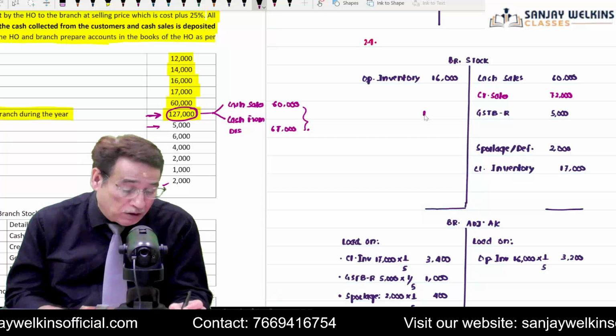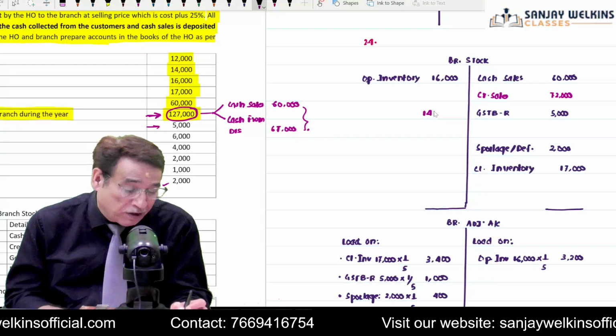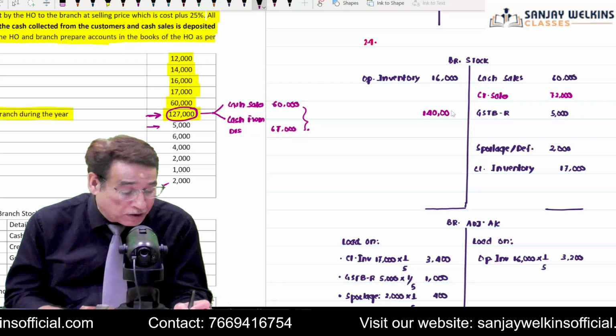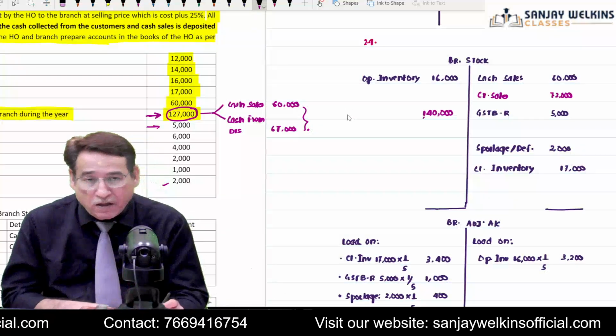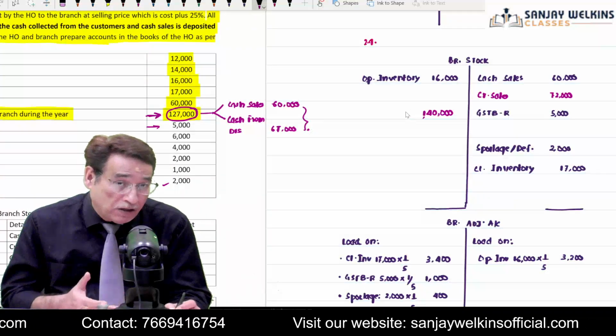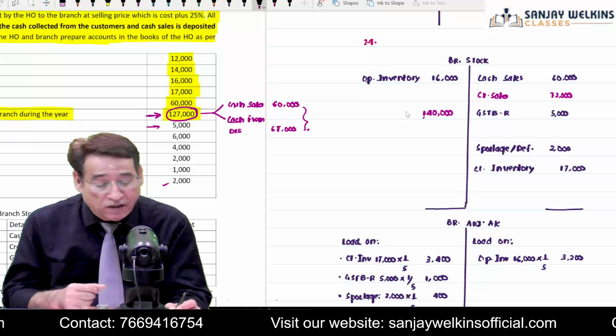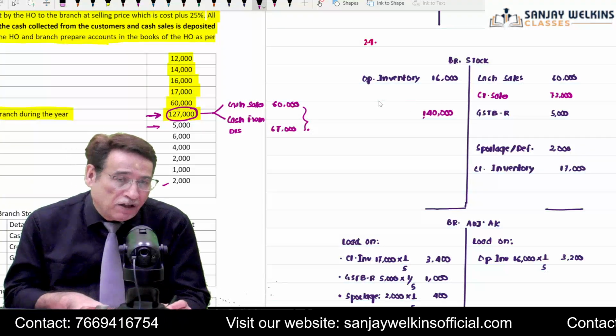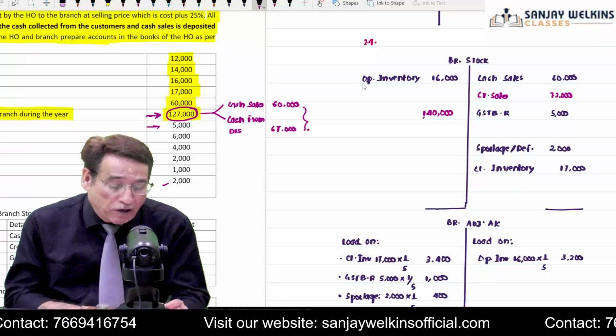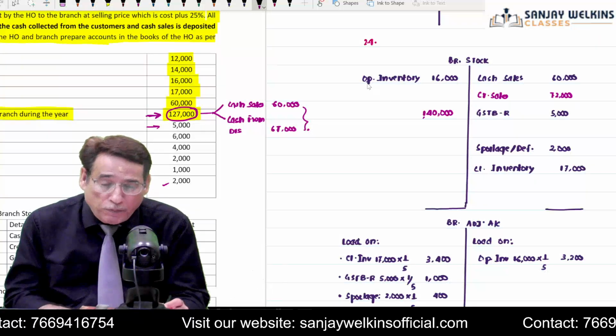So I am telling you the balancing figure. This is the balancing figure which is appearing on the debit side of the branch stock account. Now you tell me, what should I consider it? Should I consider it as surplus? Should I consider it something else? So often I have been telling you that when the balancing figure appears on the debit side, your first preference should be the opening stock or opening inventory.